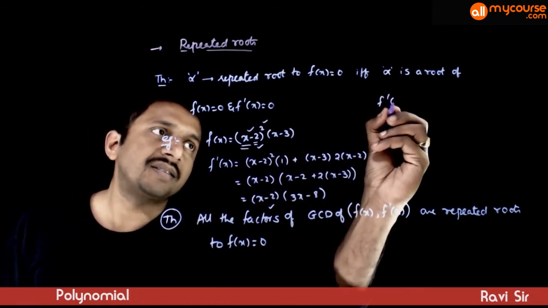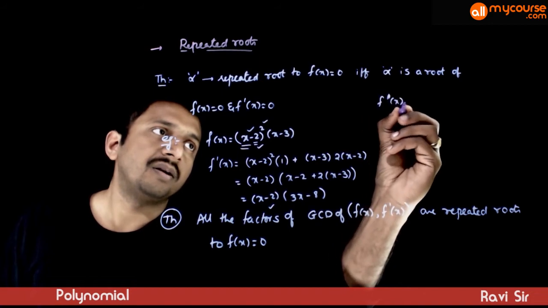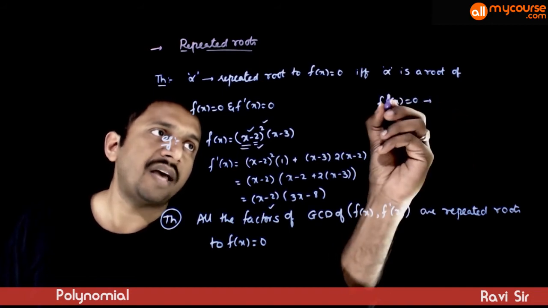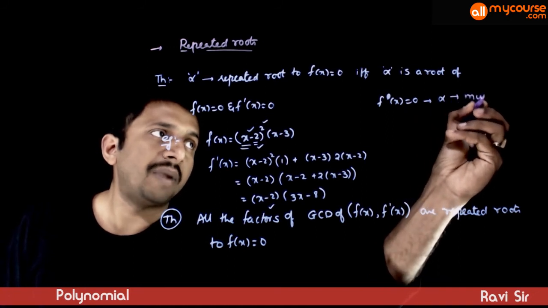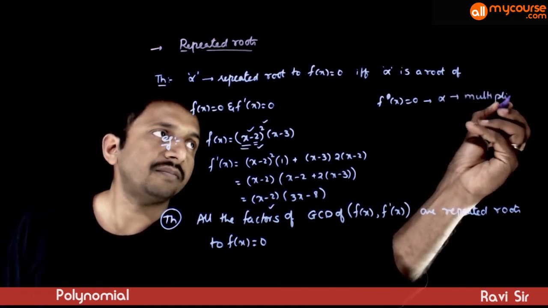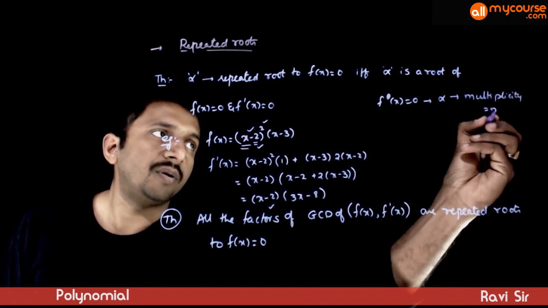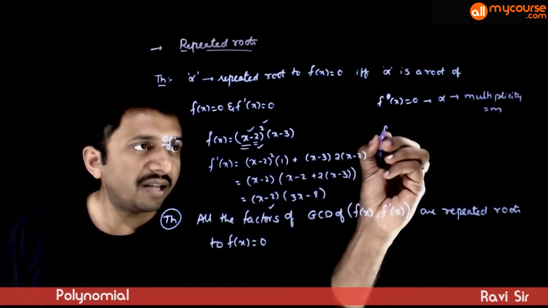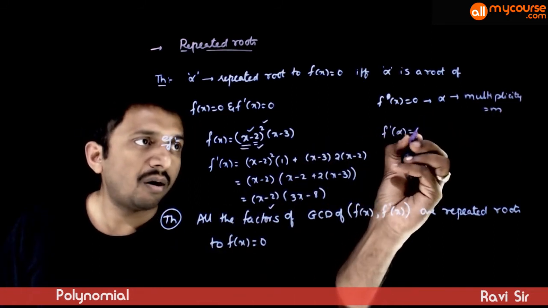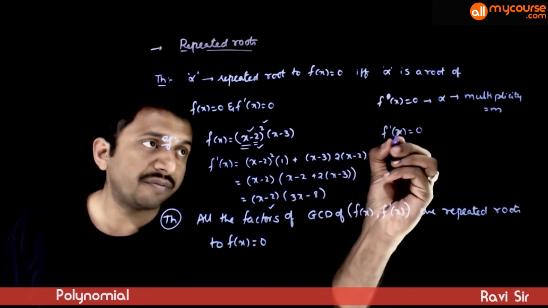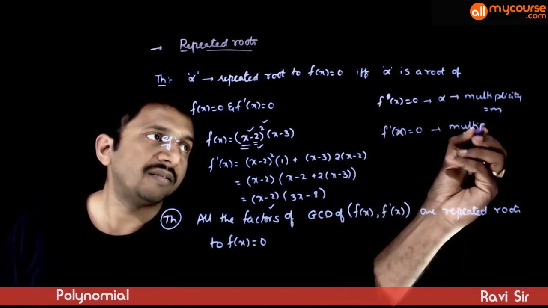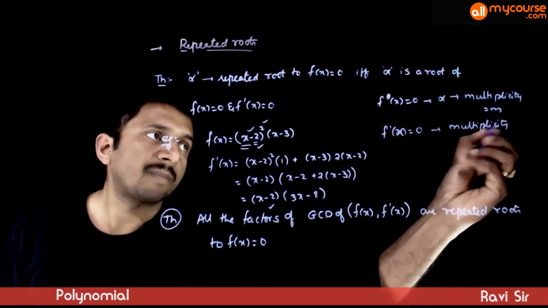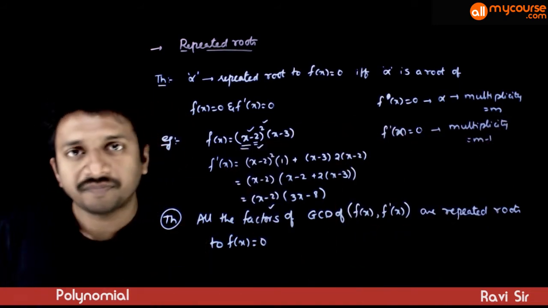So if f of x is equal to 0 has a root alpha with multiplicity equal to m, this alpha will be a root of f dash of x is equal to 0 with multiplicity equal to m minus 1.